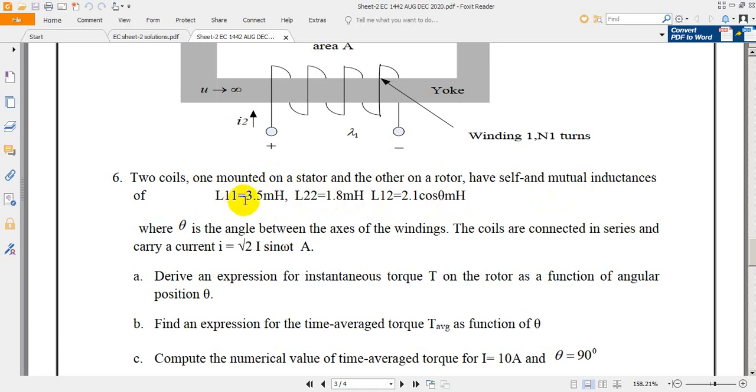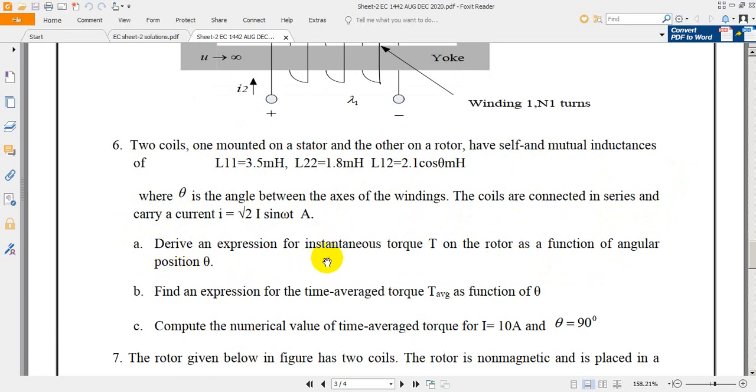These are the given values. It means we are having two coils, L11 self inductance, L22 self inductance, and this is the mutual inductance, where theta is the angle between the axes. The coils are connected in series and carrying a current of i equal to root 2 I sin omega t ampere. This is the current value.